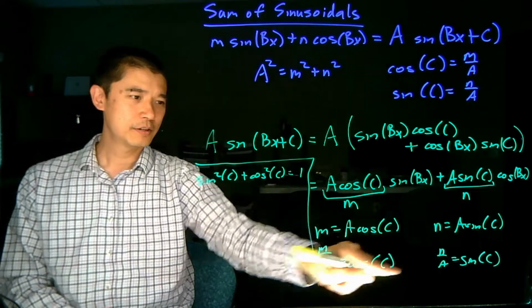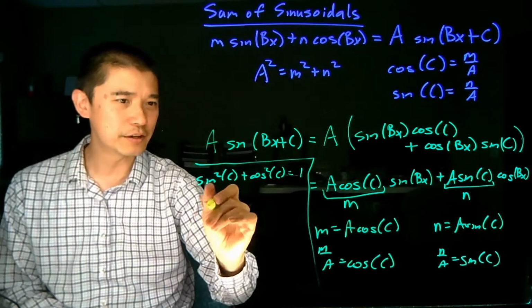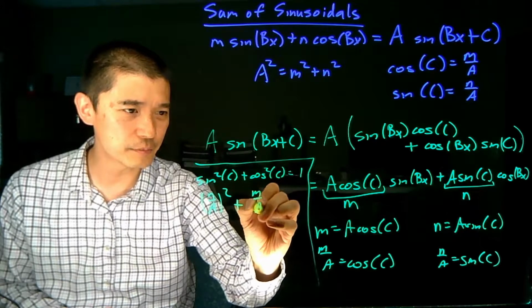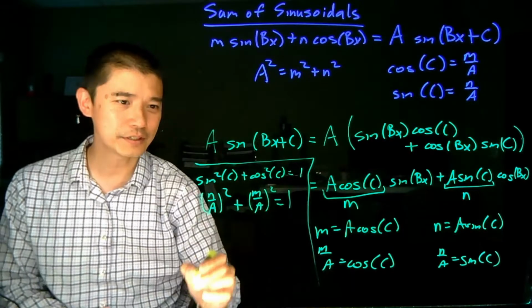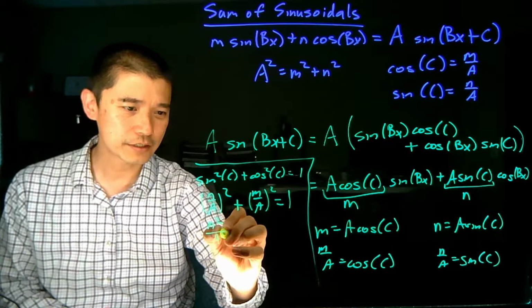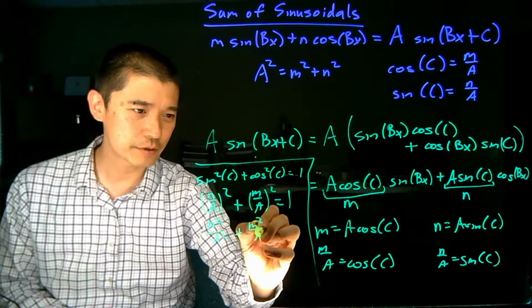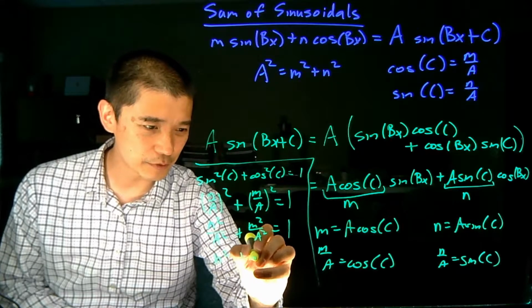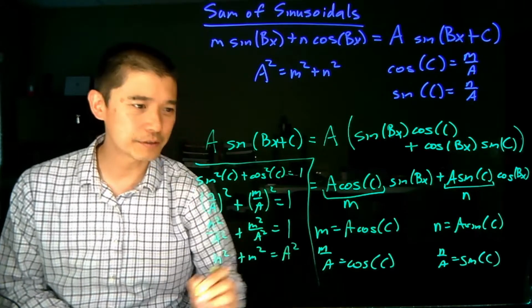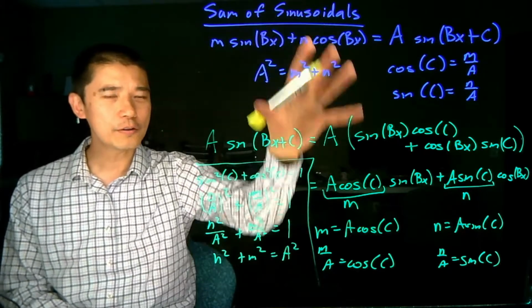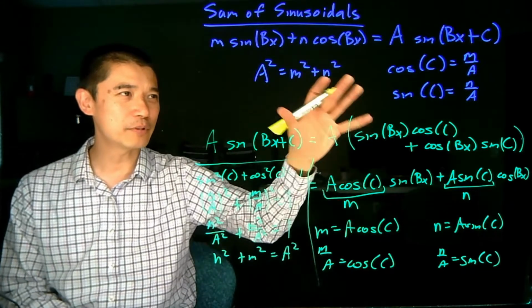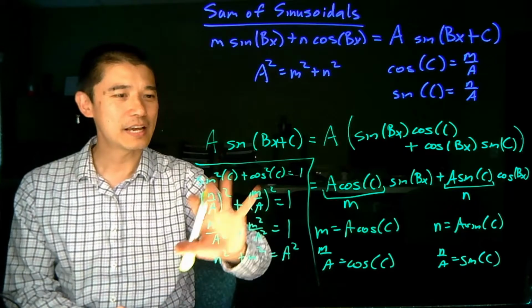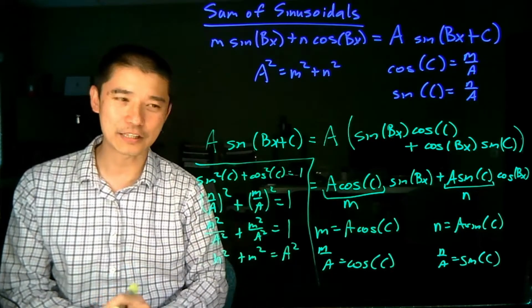Well, sine c is n over a, so n over a squared plus m over a squared equals 1. N squared over a squared plus m squared over a squared is 1. If you multiply both sides by a squared, n squared plus m squared equals a squared. So all of these formulas simply come out of plugging stuff in and moving things around until you get the parts to match up, and then also in this last part, just recognizing the Pythagorean identity again.